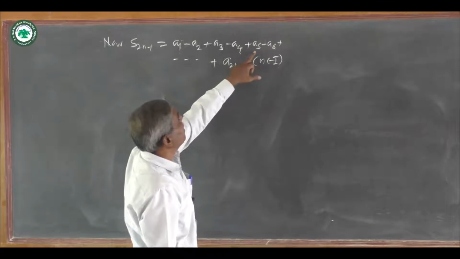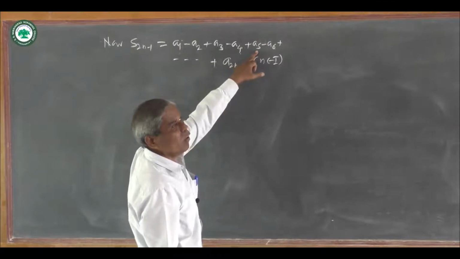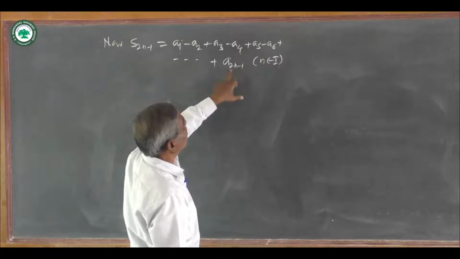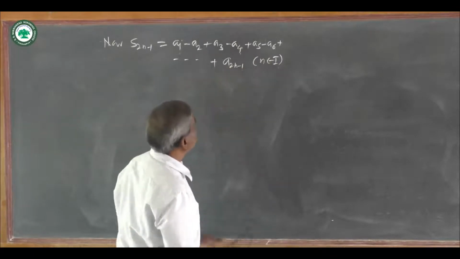These are odd terms. Odd terms are positive, therefore S suffix 2n minus 1 is also positive.